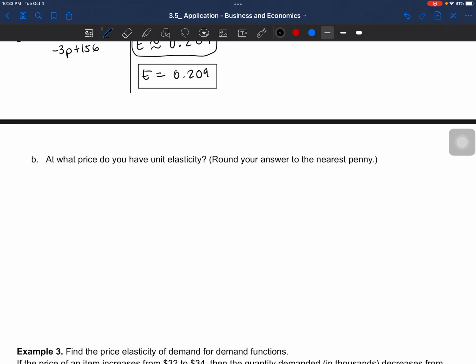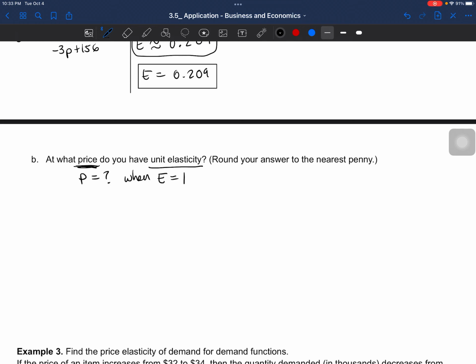All right, so moving on, the next part is asking us at what price do you have unit elasticity? That's a great question. What does that mean? At what price? Well, price is P. Do you have unit elasticity? Well, unit elasticity is whenever E equals 1, right?